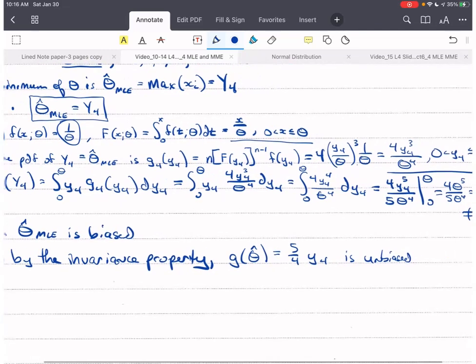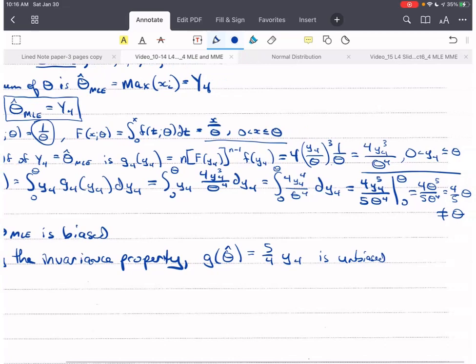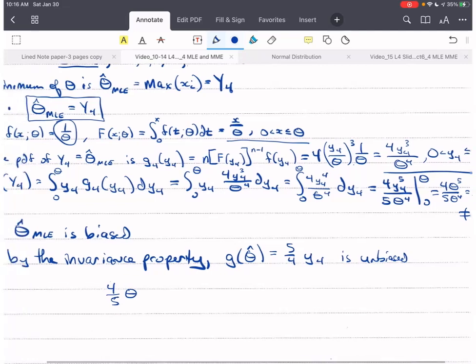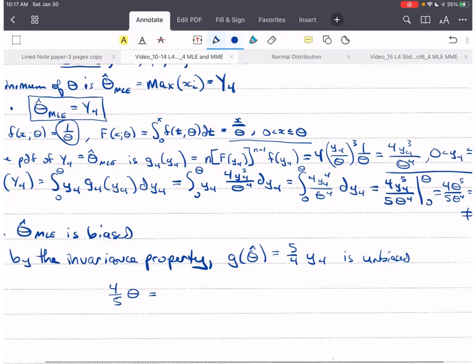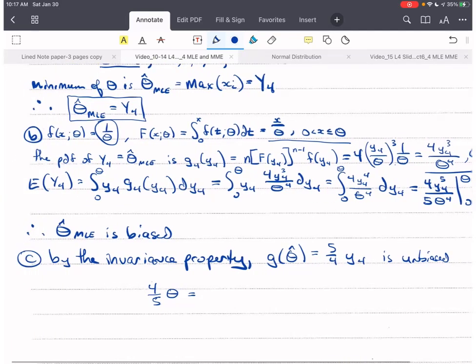So 5/4, how did I get that? So I had that 4/5 theta equals E of y4, right? Okay.